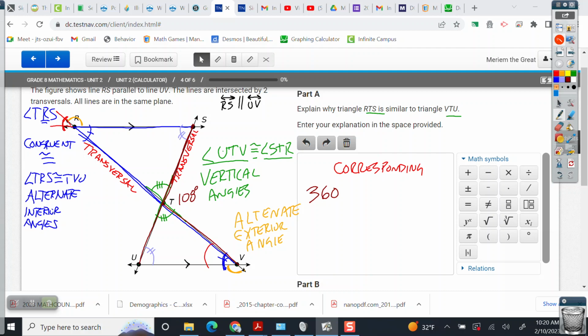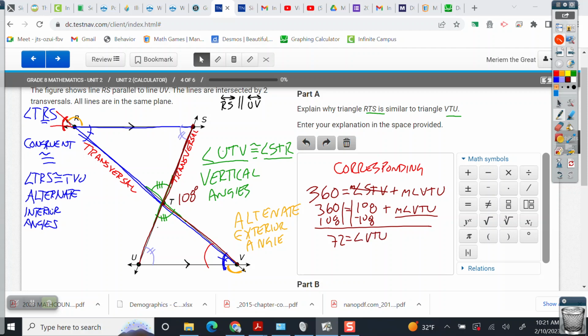And therefore, I know that this angle is equal to the measure of angle STV plus the measure of angle VTU. Well, I know that this angle here is 108 degrees. Well, using basic algebra, I know that the measure of this angle is going to be 72.